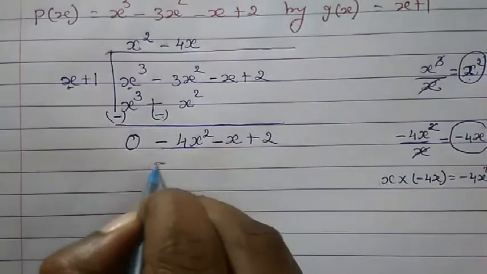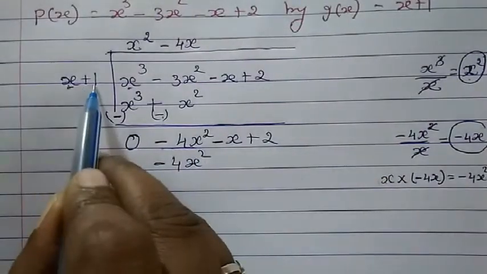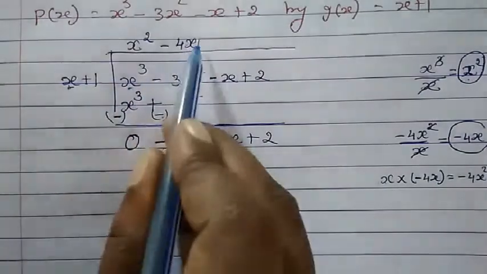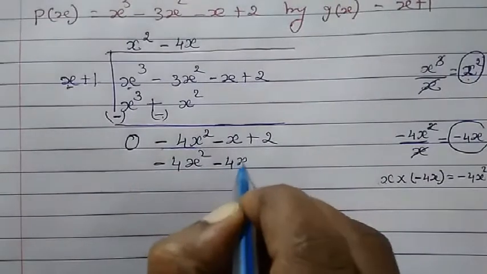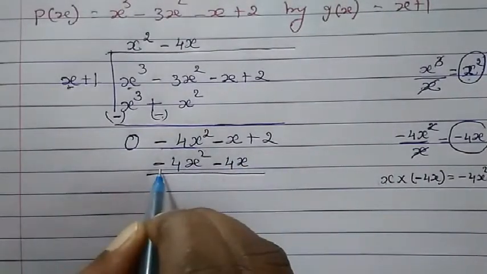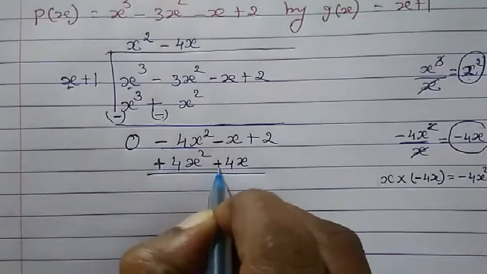So minus 4x square. Now what is left here? 1 is there. Now with 1 you multiply minus 4. Again with 1 when you multiply minus 4x you will get the same number. So minus 4x. So now change the sign. This is minus, so it will become plus. And this also will become plus.